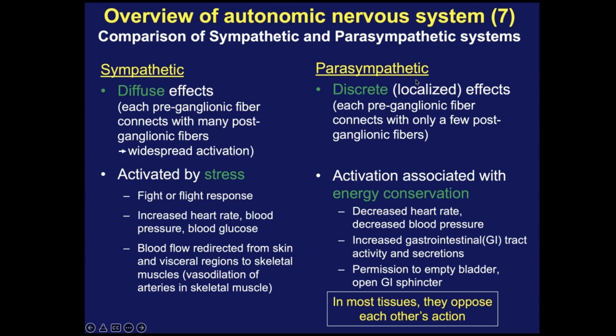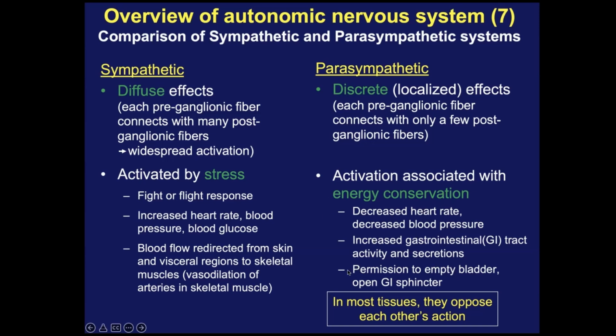The activation of this system is associated with the energy conservation in the body. For example, it causes a decreased heart rate and decreased blood pressure, but it increases the GI tract activity and secretion, and both of these promote the energy conservation in the body.